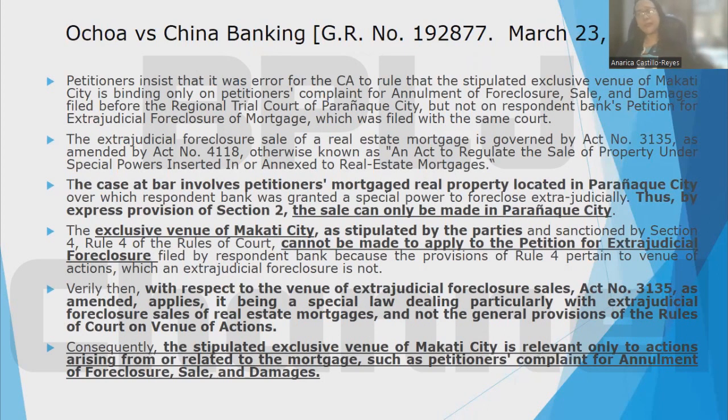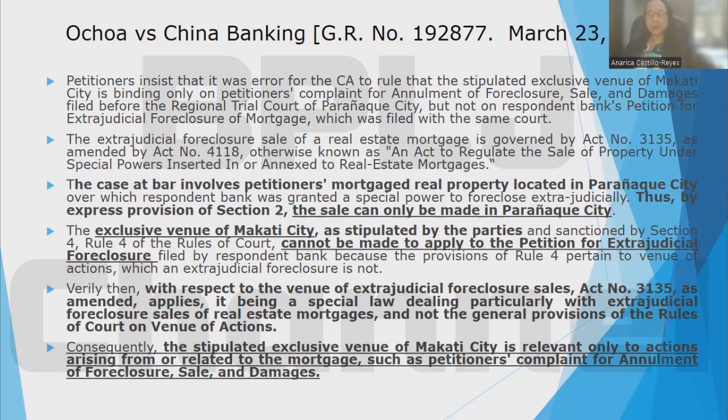Ochoa versus China Bank. This case involves petitioner's mortgaged real property located in Parañaque. By express provision of Section 2, the sale can only be made in Parañaque, meaning the extrajudicial foreclosure. The exclusive venue of Makati City, as stipulated by the parties, cannot be made to apply to petitions for extrajudicial foreclosure.